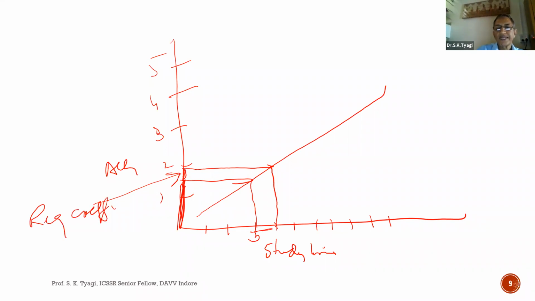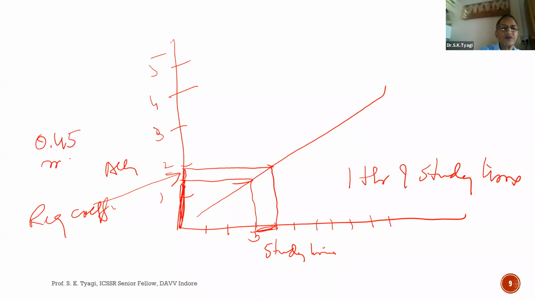So if you increase 1 hour of study time, then you increase 0.5 marks or scores. This is 0.45.